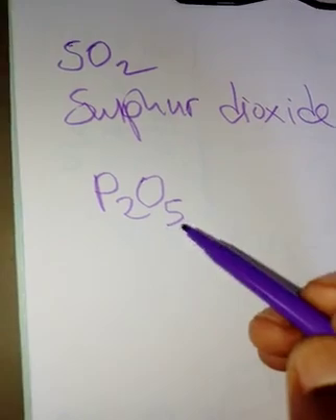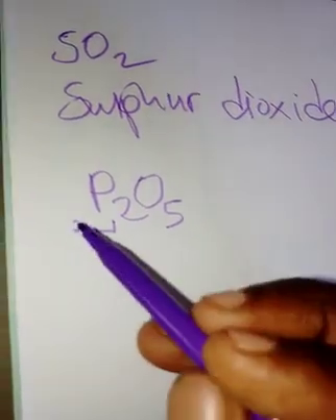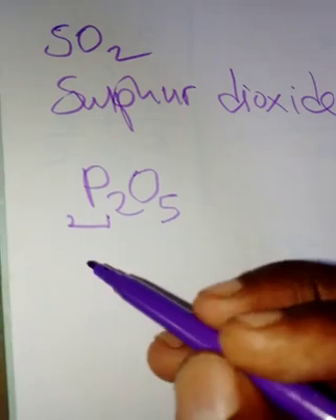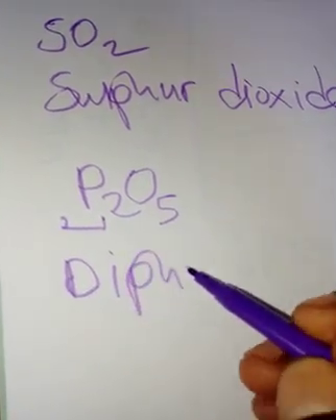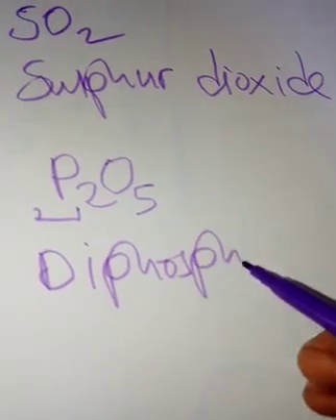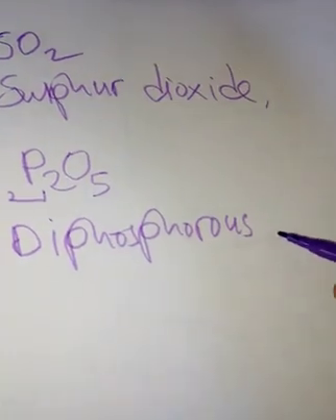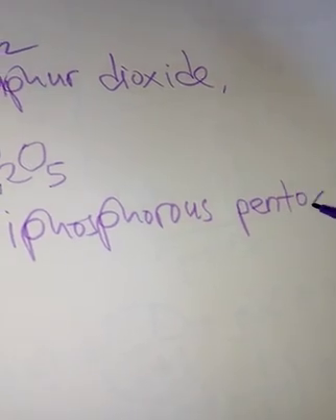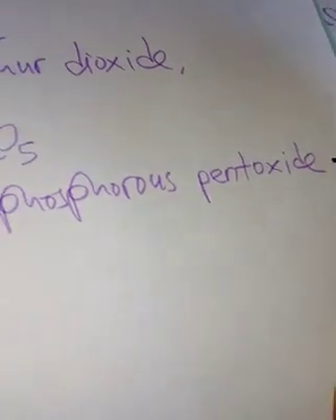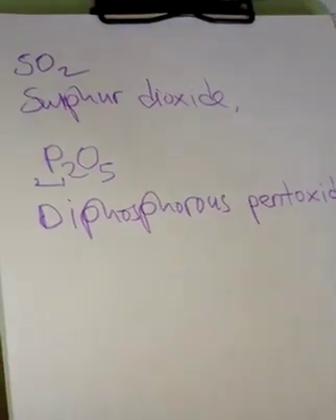So this is phosphorus, that is oxygen. 2 atoms of oxygen. 2 atoms of phosphorus. It will be what? Diphosphorus. Then pentoxide, not pentaoxide. So pentoxide. Diphosphorus pentoxide. Okay.